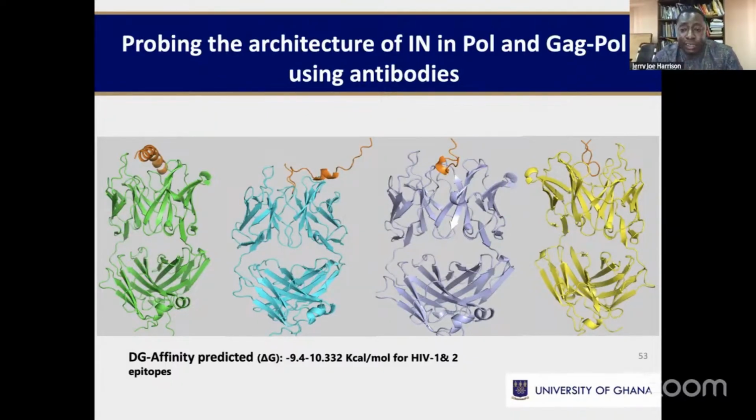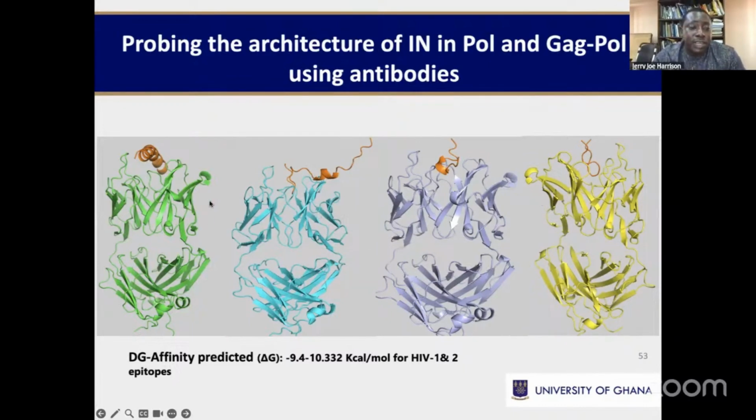Some of the work that we've done recently is using known templates to design FABs, and then using computational algorithms to design CDRs that will bind the various epitopes that we have in Gag and Gag-Pol, because that's what we are trying to study, and then see whether we can validate these things through experimental work.